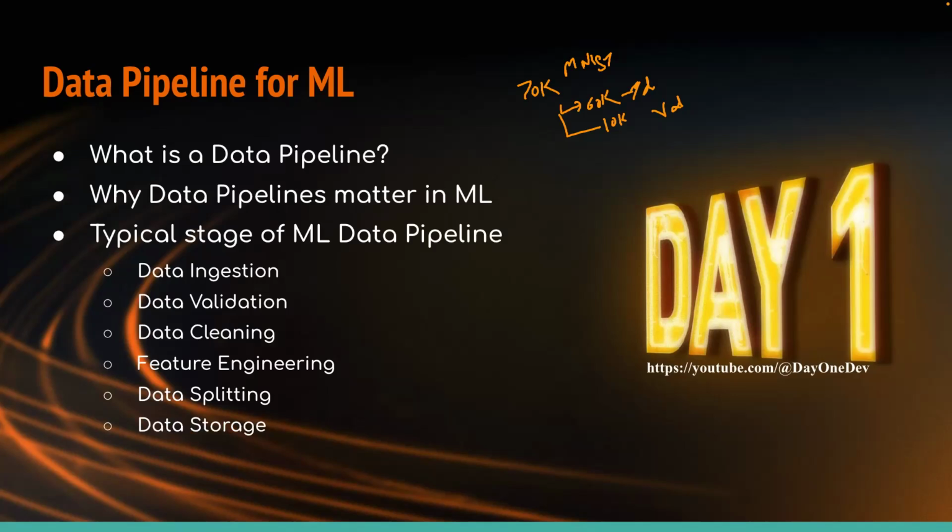And data storage, which saves your clean data, and you can use it in the cloud or locally, depending on how big the data is. So these are the various stages we're going to do. The final takeaway I want to call out is that without a strong data pipeline, even the most powerful machine learning models will fail.